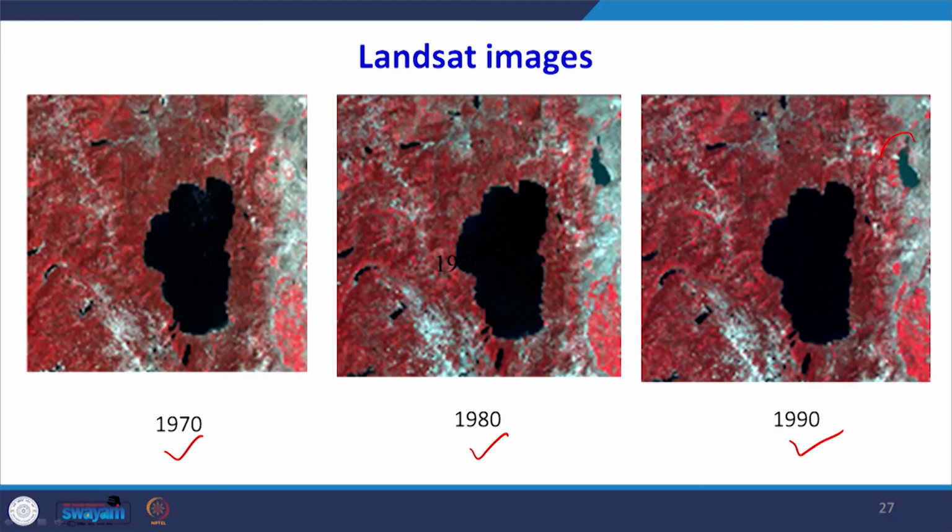Particularly if we look at this water feature here, it was not there in 1970, and now we can see that it has appeared in 1980. Similarly, we can find out changes taking place in other areas. So in change analysis, we can see what new features have come up, whether the forest area has reduced, or the water area has reduced, or a new urban area has come up. That kind of analysis can be carried out with them.